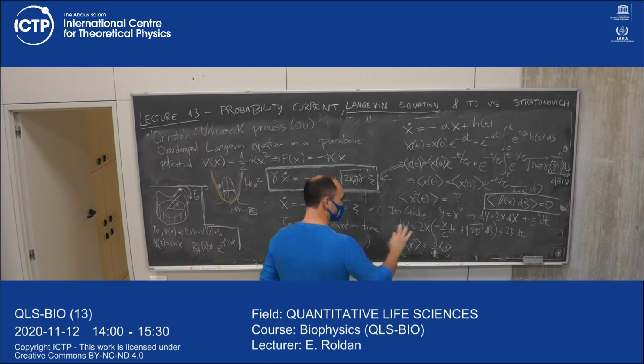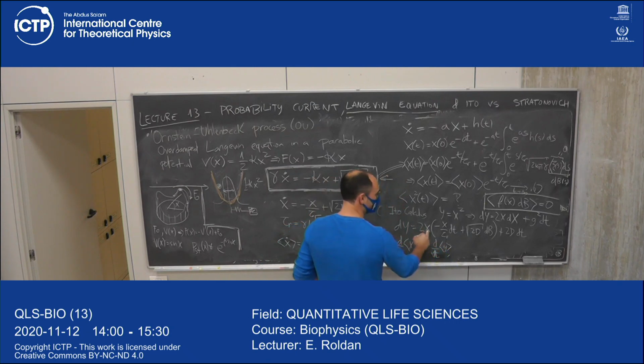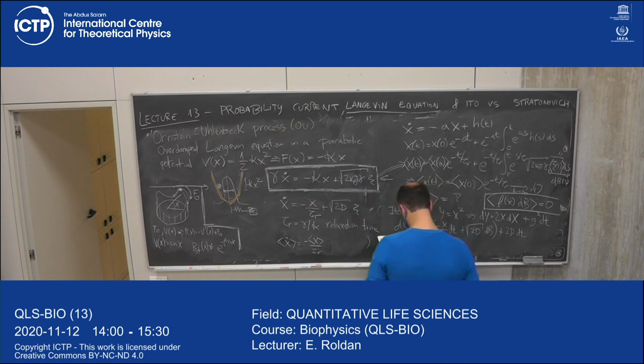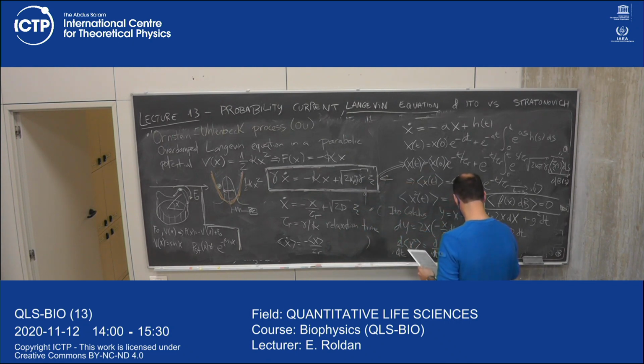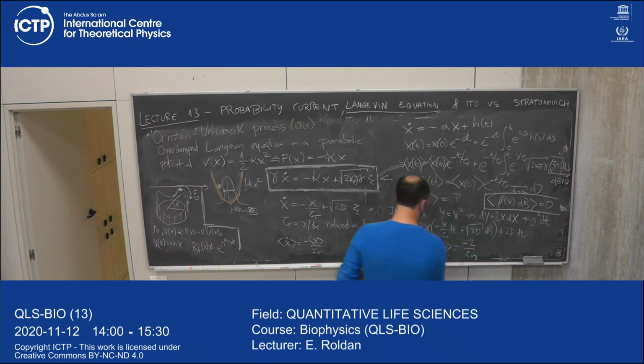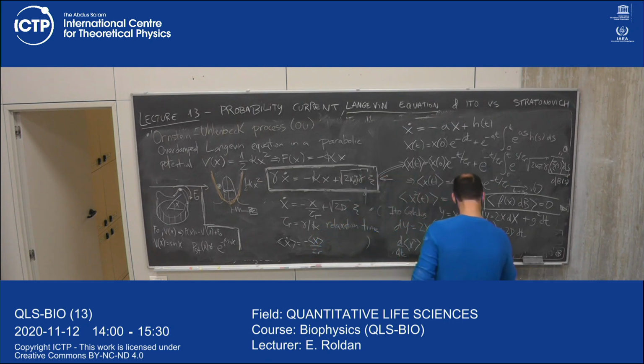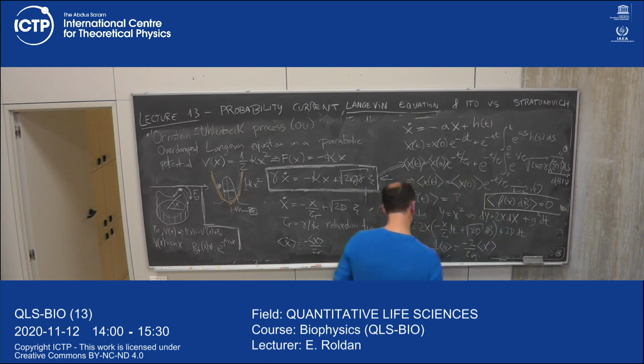The only things that will survive when I do the average are this term and this term. So one gets something like the following: minus 2 over tau, x squared, dt, plus that thing, which is 2D.